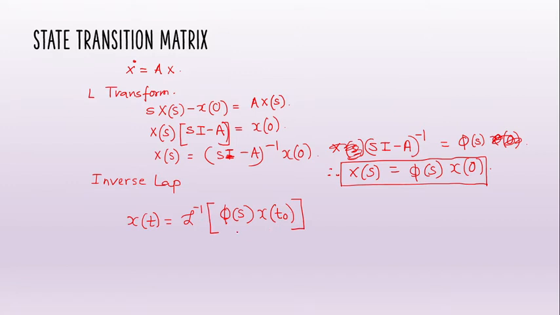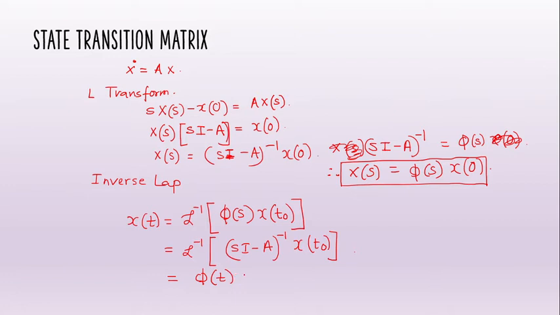So now from here we are able to write that this X(s) is (sI minus A) inverse. You can write it in this way too. Okay. So now this solution, this inverse Laplace of (sI minus A) inverse, we call this as phi(t), into x0.